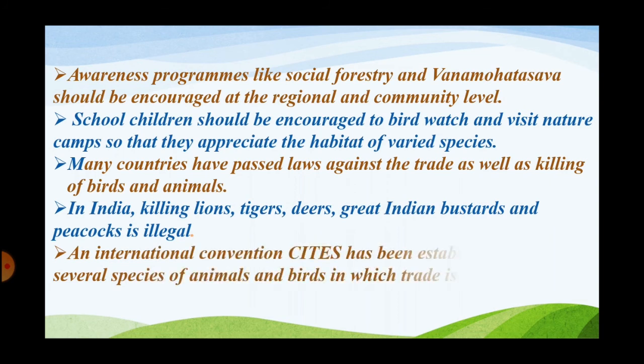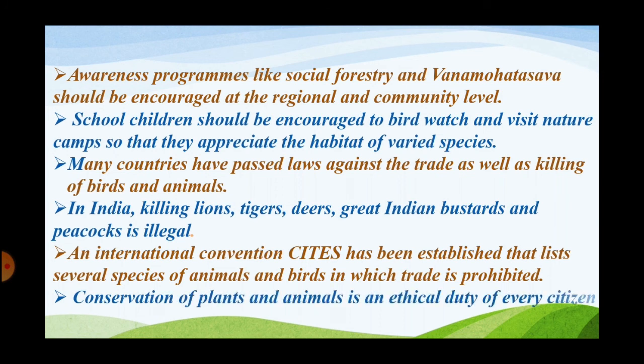An international convention, CITES, meaning the Convention on International Trade in Endangered Species of Wild Fauna and Flora, has been established that lists several species of animals and birds in which trade is prohibited. Roughly 5,000 species of animals and 28,000 species of plants are protected under this program. Bears, dolphins, cacti, corals, orchids, and aloes are some examples of it.